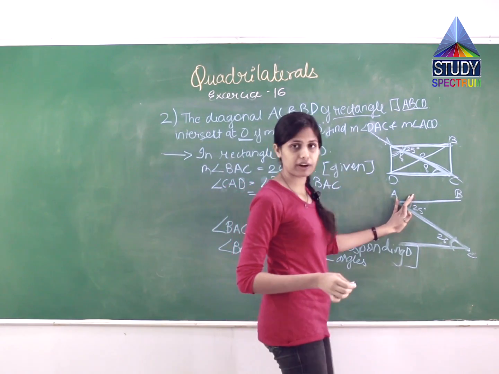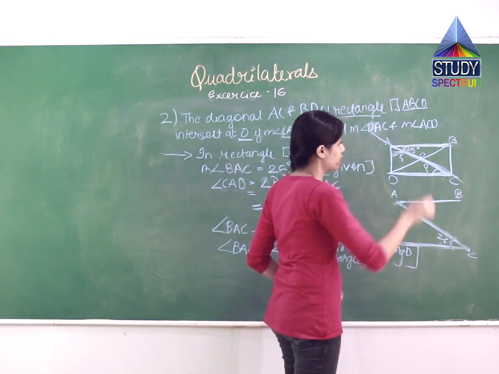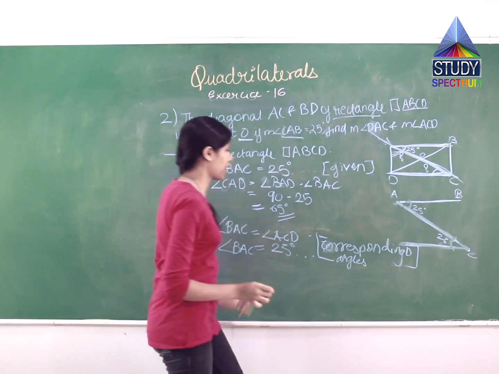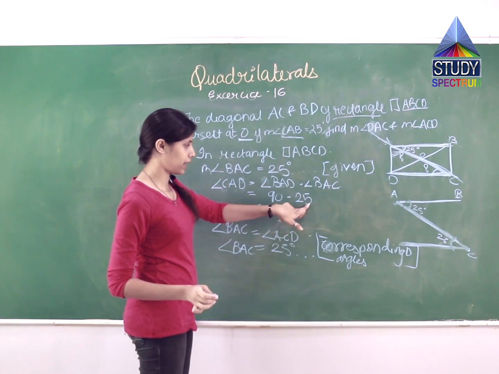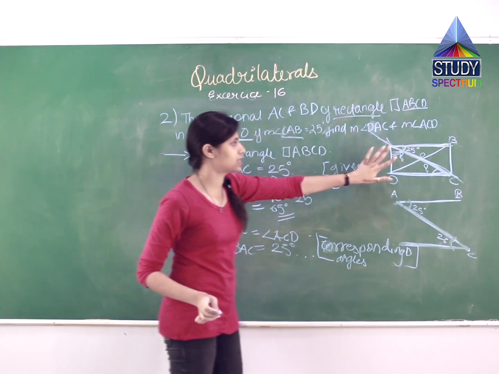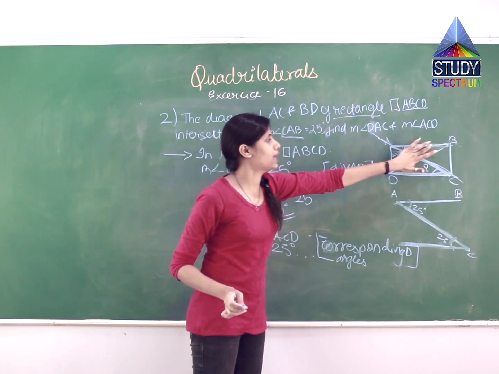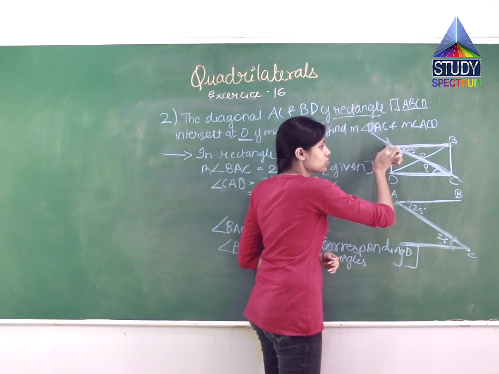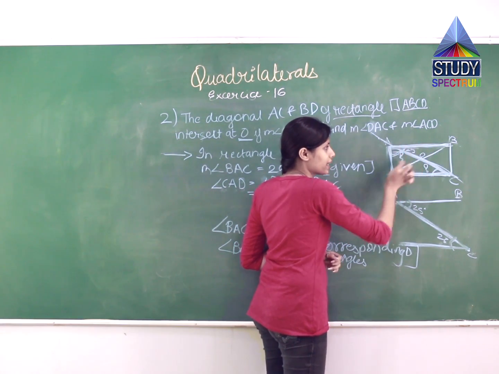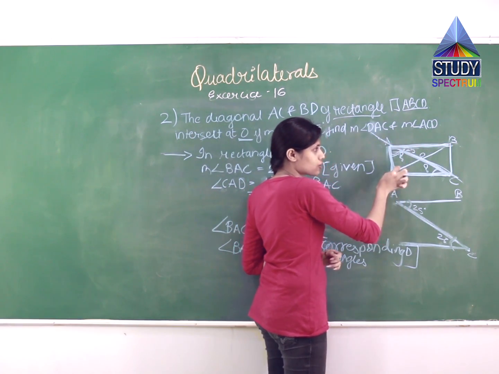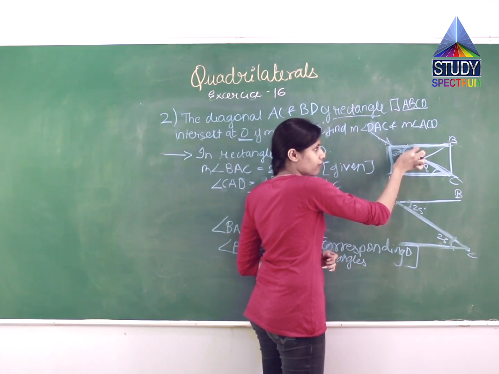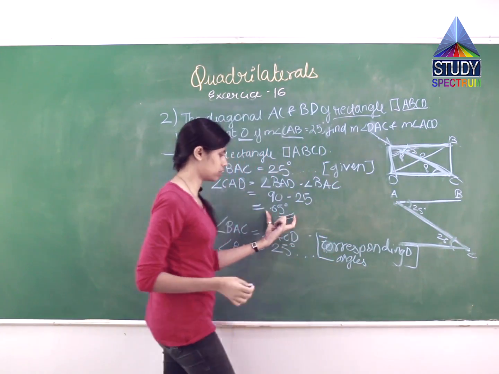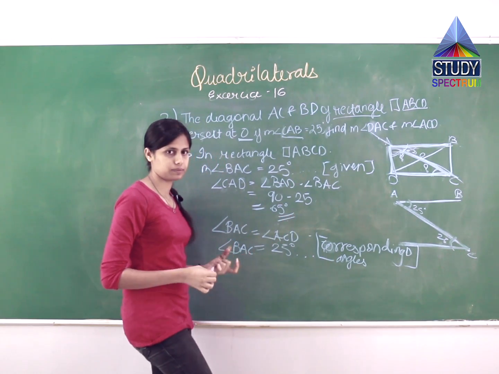If this is 25 degree, this has to be 25 degree. And how did we get this? By subtracting 25 degree from 90 degree, we got this angle, because all the angles of the rectangle are 90 degree. So when this whole angle is 90 degree and this part is 25, then 90 minus 25 will be that part. So it is 65 degree.